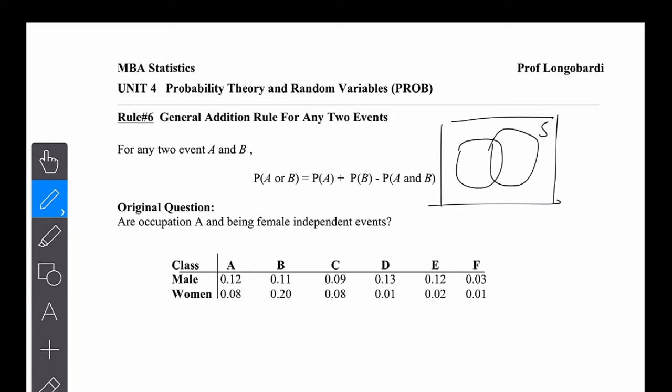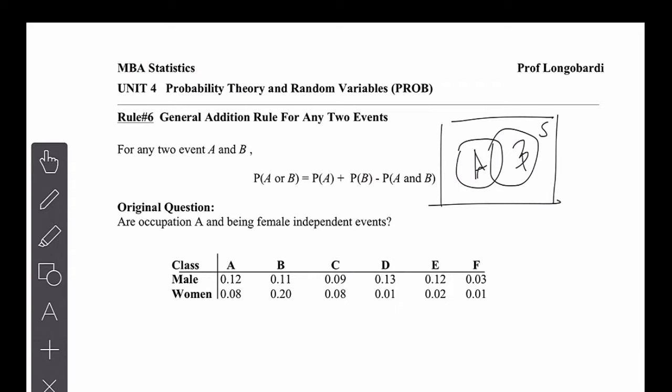So if I wanted to know the probability of A or B, I would have to do something else. I would have to take the probability of A plus the probability of B, but then realizing this overlap was counted twice, so I need to take one off, and that's what that is. So that is the final rule.